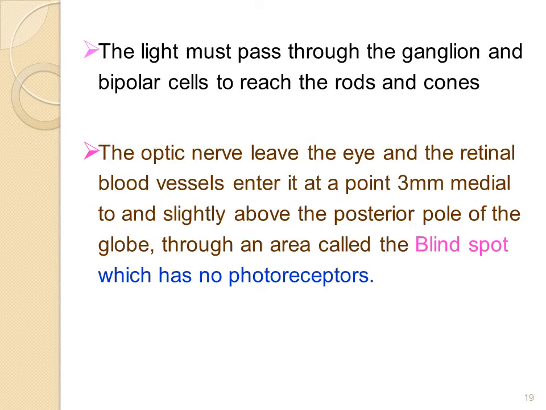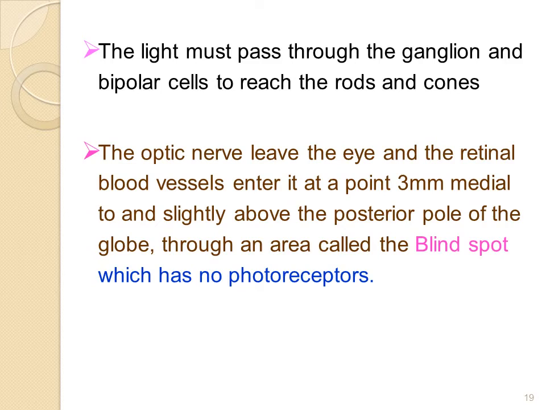The light must pass through the ganglion and bipolar cells to reach the rods and cones. If there is any defect in these types of neural cells, the cones and rods cannot work, and the eye will not have good vision.